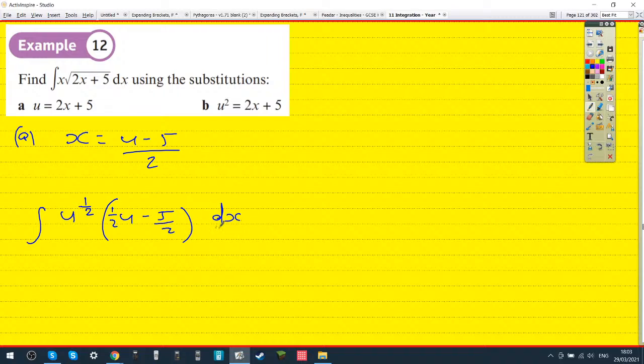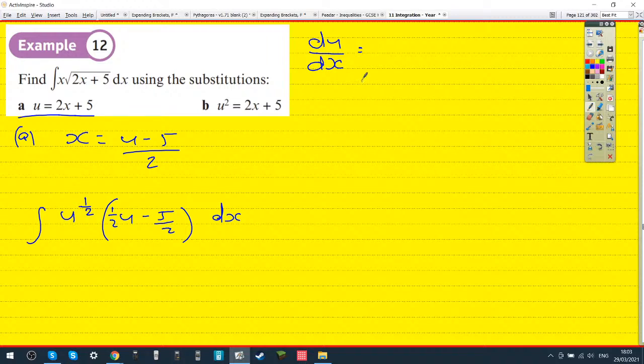This is dx. We need it to be du. Any idea what you do there? I'll just do 1 over that. You have to differentiate this to get du dx.